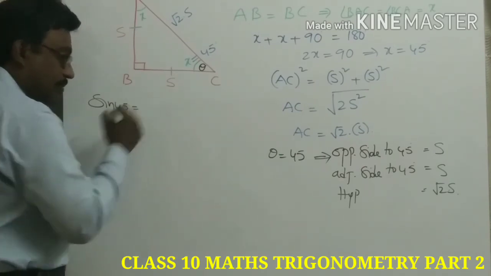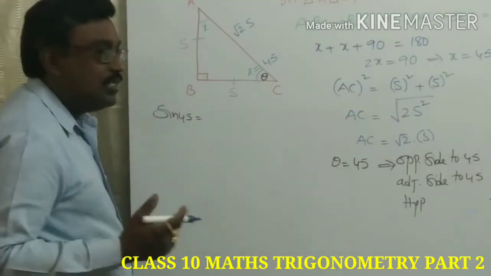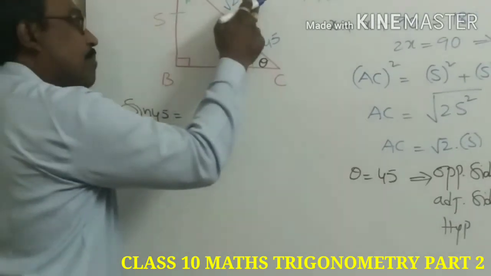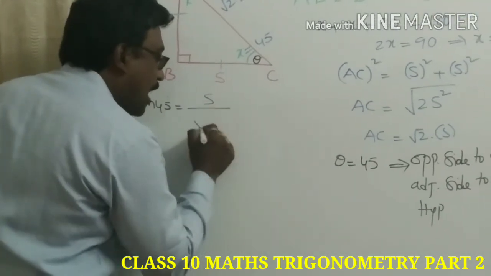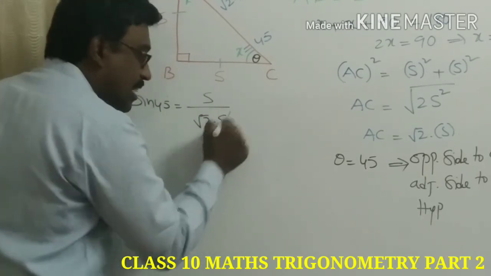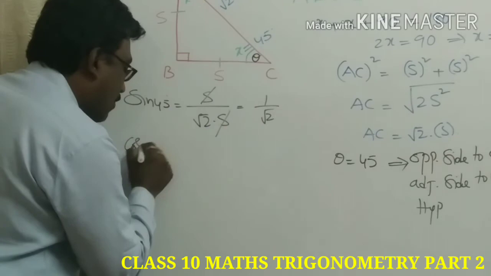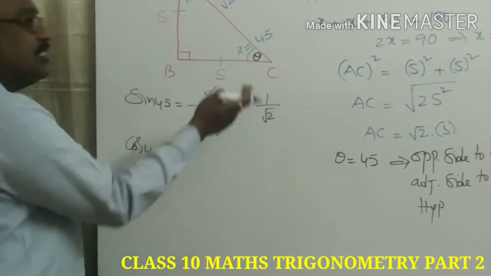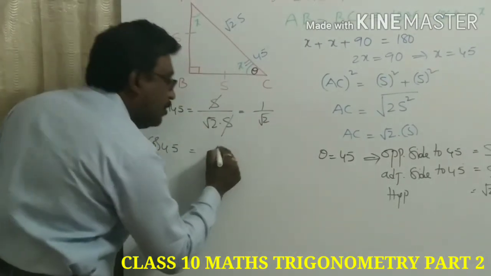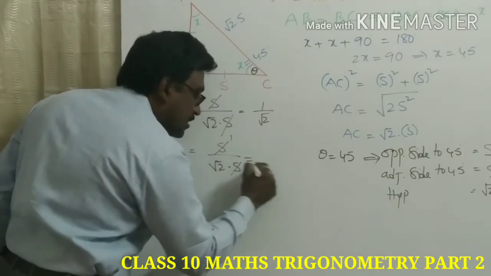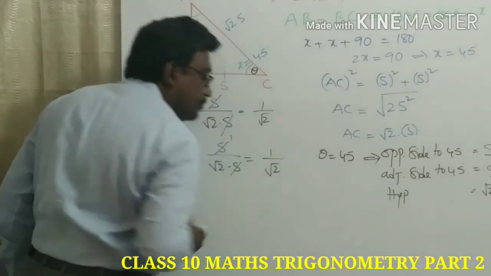Sin 45. The sin formula is opposite to 45 by hypotenuse, S by root 2 times S. S cancelled, 1 by root 2. Cos 45, adjacent side to theta by hypotenuse, S by root 2 times S. S cancelled, so 1 by root 2.